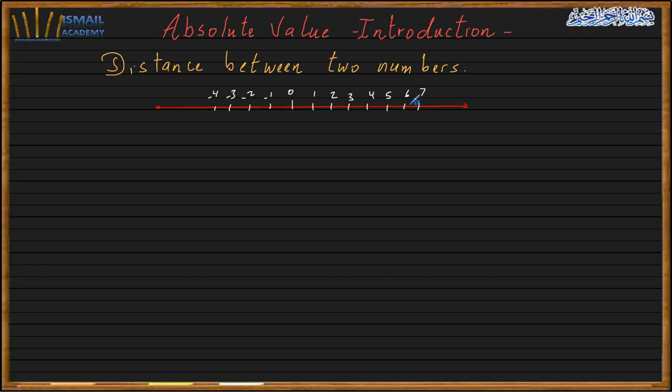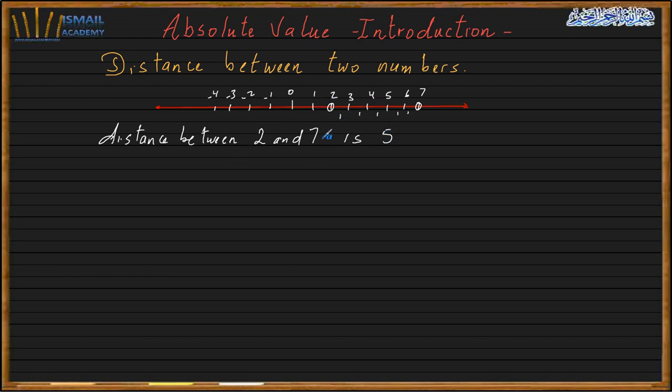Suppose I want to find out the distance between 2 and 7. Here I can count: 1, 2, 3, 4, 5. So the distance between 2 and 7 is 5.